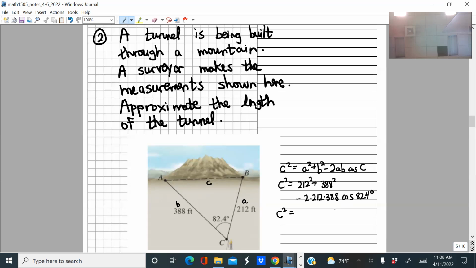Kind of a large number, I think. 173,730.24. Anyone else get that? Square this, then subtract off this product.